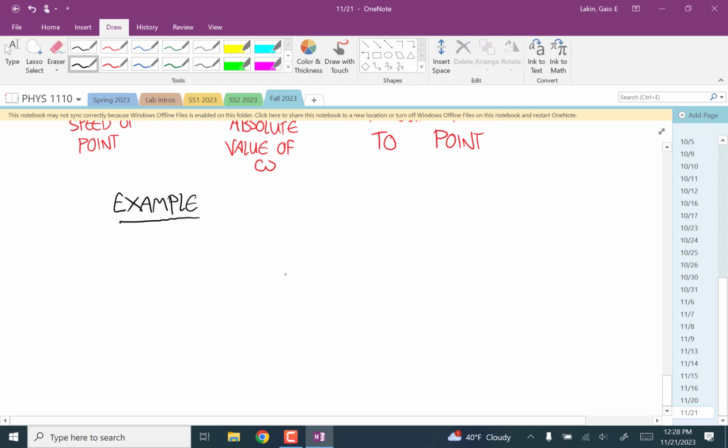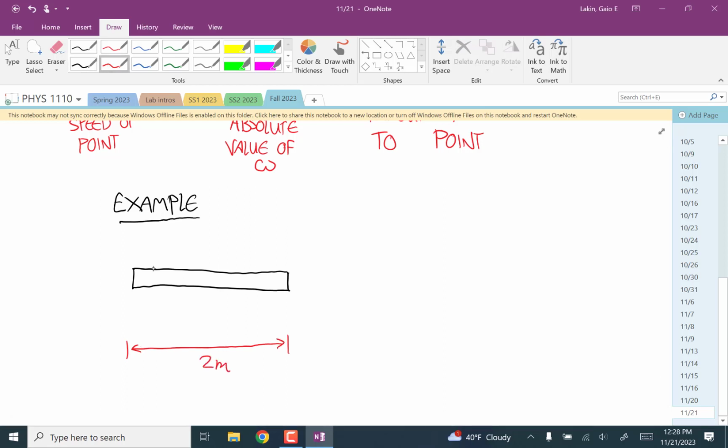Okay, so let's say that we have this rotating board. And let's say that the length of the whole board is 2 meters. And the about point is here, and let's say the distance from the end of the board to the about point is 0.4 meters.